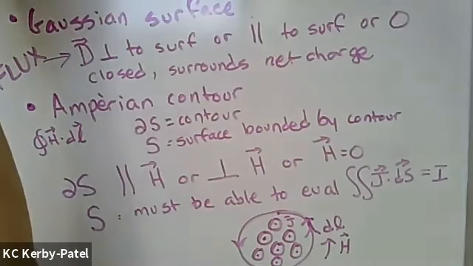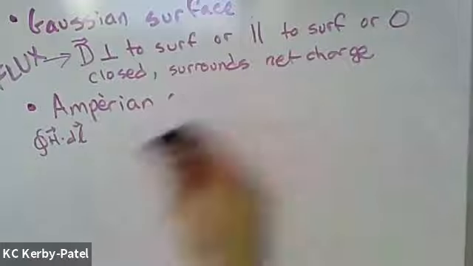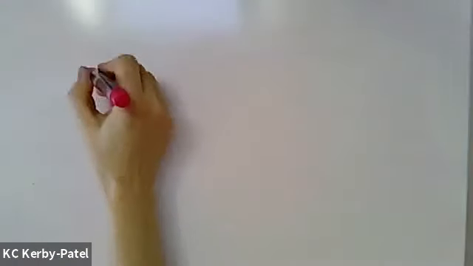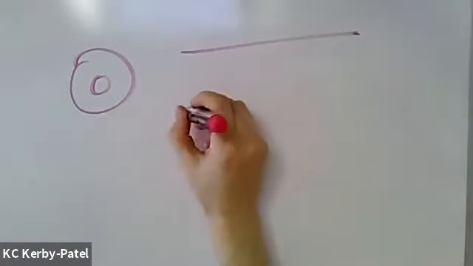I want to give you an example. It's a midterm problem that a lot of people had trouble with. So I want to just point out the way to do this while we're talking about it. Think about a coax cable. I will draw an end view and a side view.